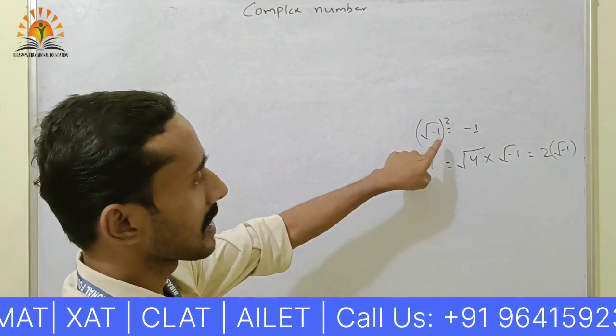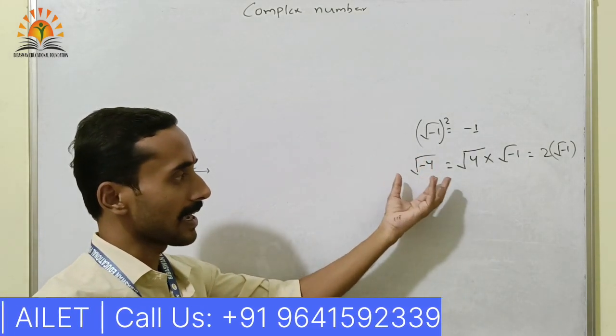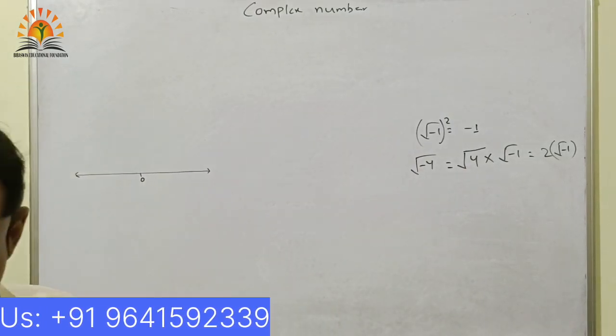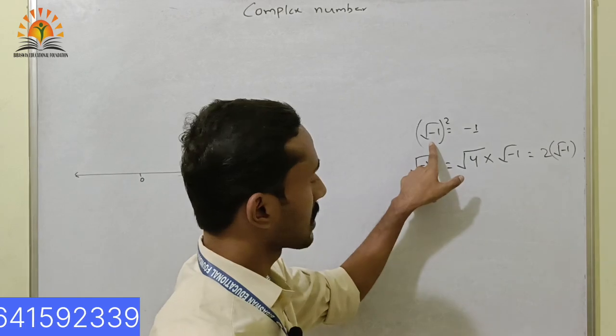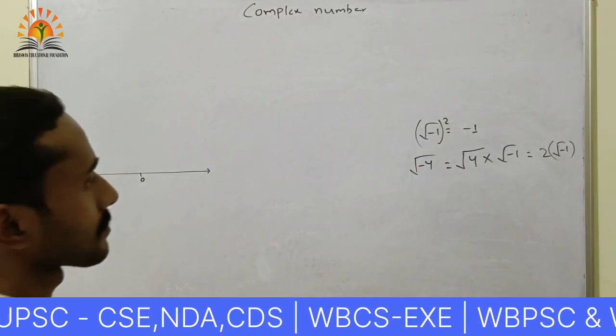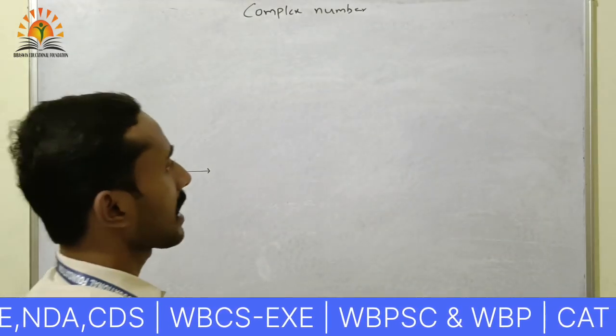This root over minus 1 is known as iota. Since we have already discussed this topic, we briefly discuss it so that you become familiar. Iota is a Greek word.